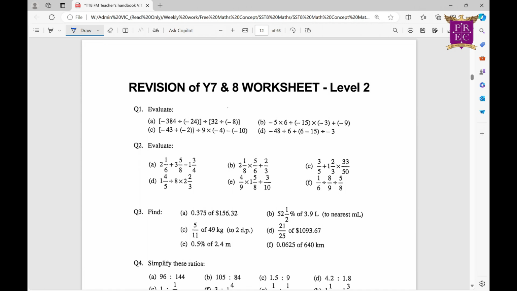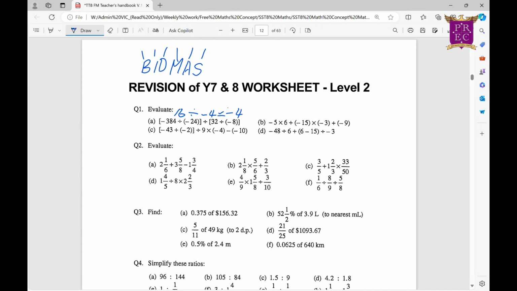So 384 divided by 24 gives us 16, and 32 divided by negative 8, so remember we're dividing a positive number by a negative number, so we get negative 4. 16 divided by negative 4 gives us just negative 4. Easy as that. And remember, BIDMAS. Always follow this order of operations: brackets, indices, division, multiplication, addition and subtraction.